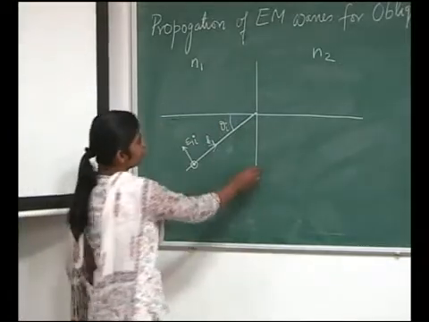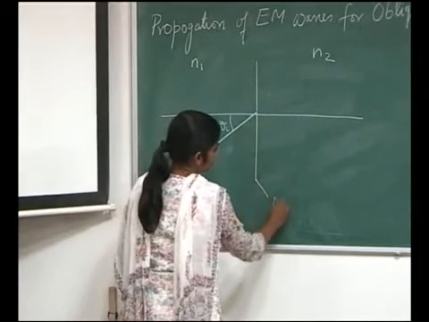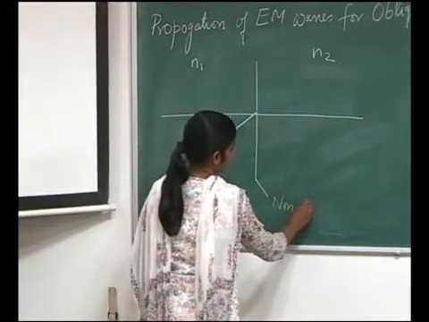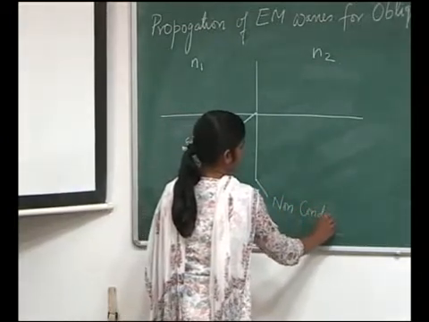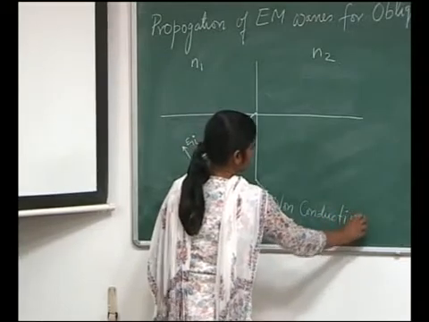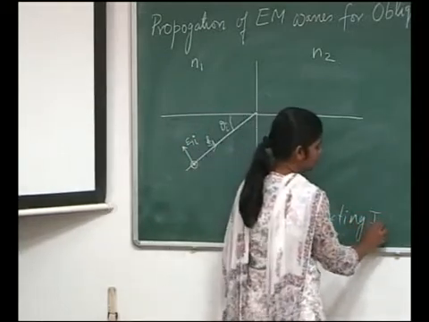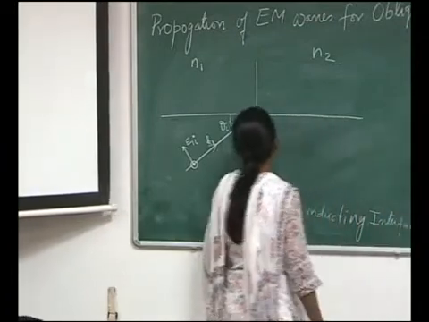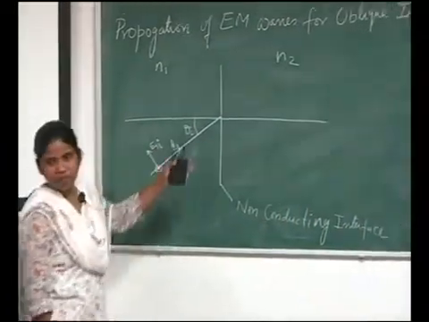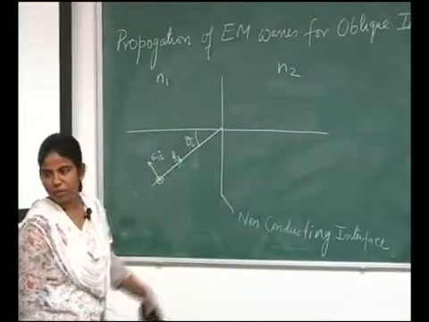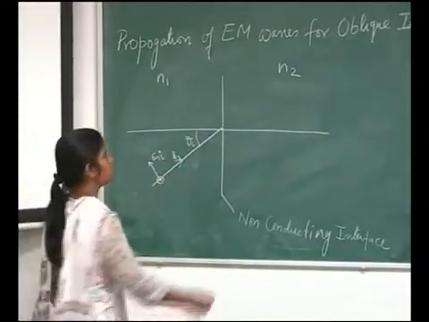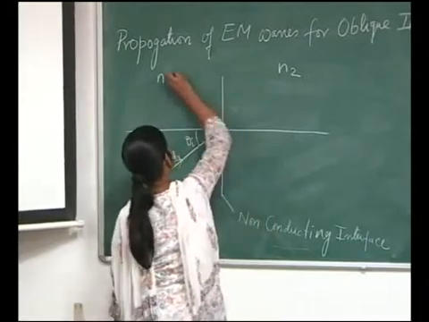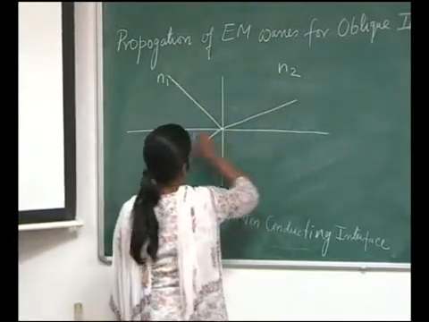Now if this interface is the non-conducting interface, then part of this incident wave will be reflected and part will be transmitted. So part is reflected back and part is transmitted.